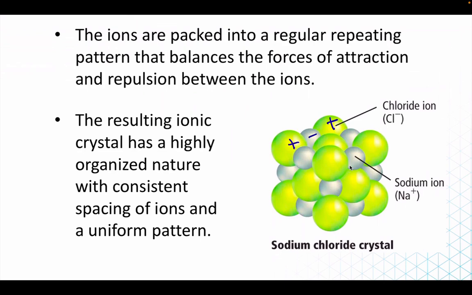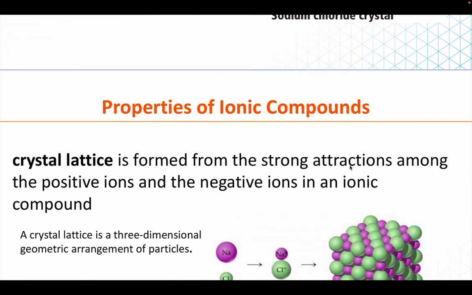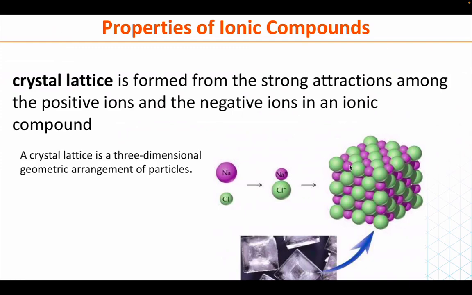It's a very highly organized thing, which we call a crystal lattice. So the crystal lattice is the crystal that's formed from those really strong attractions between the cations and the anions. And it's three-dimensional.